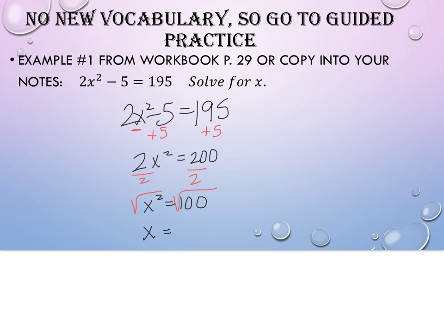Here, the square root of 100 is 10, but it can be 10 or it can be negative 10. So sometimes we write that x equals plus 10 or minus 10. So plus or minus 10, positive or negative 10. It's important that you remember whenever you take a square root that you have two possibilities, that both are positive or both are negative.